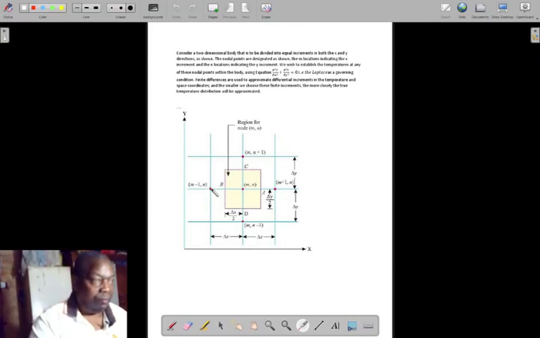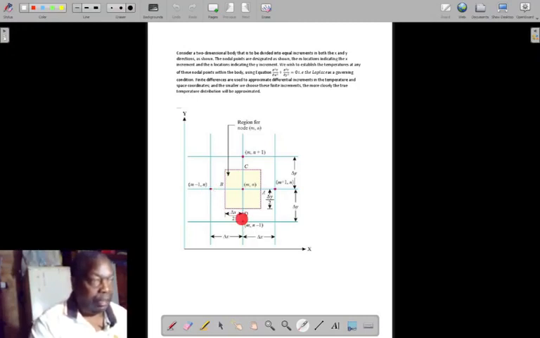So n remains the same, and our movement is in the negative direction, so we have m minus 1 comma n as our position for this node.